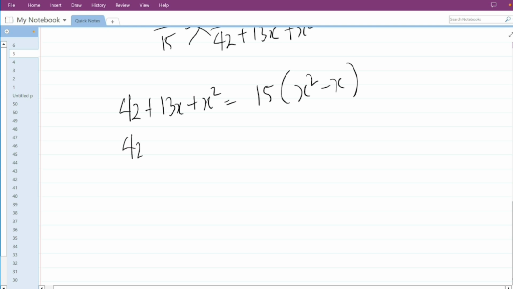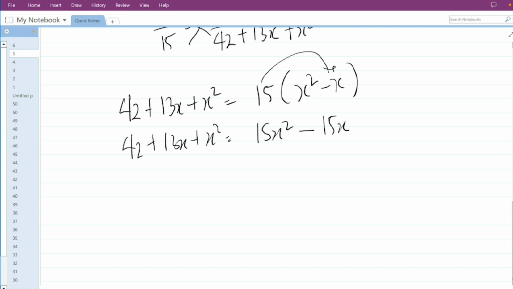We have 42 plus 13x plus x squared equals 15x squared minus 15, this 15 times this x, so we have 15x. Next thing is to collect like terms, or bring all of them into one side. And since we're having 15x squared, I'd rather bring this plus x squared to this side, so I don't have a negative x squared.